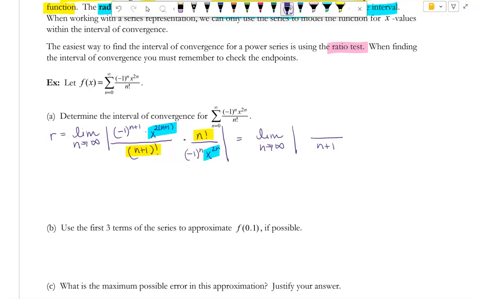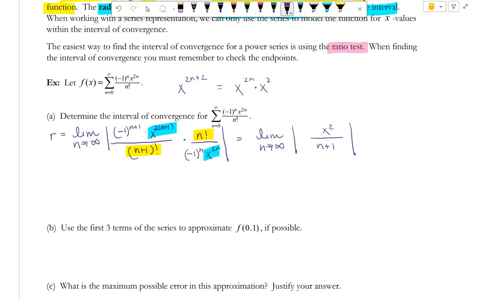So that's really an x squared on top. If I have x to the 2n plus 2, I can think of that as x to the 2n times x squared, so the x to the 2n pieces cancel out. And finally, I can ignore those negative ones because they just cause our signs to alternate, but we're taking the absolute value, so we don't have to worry about them.